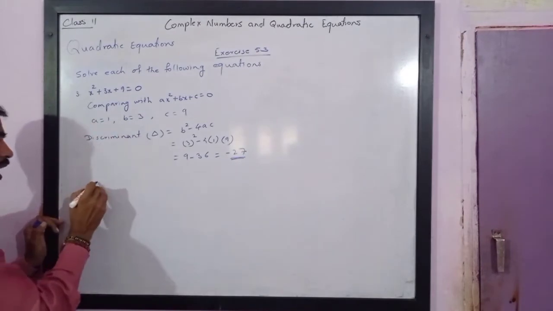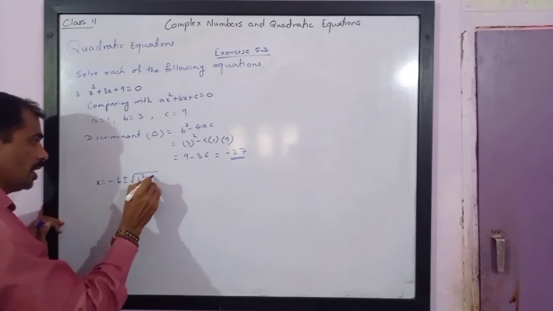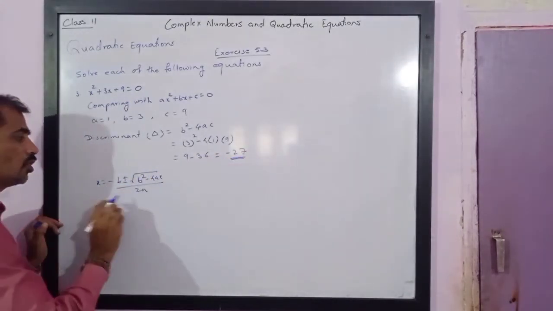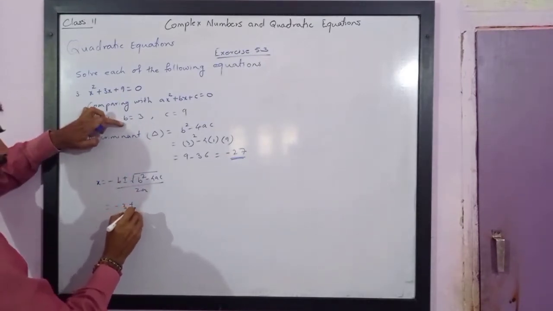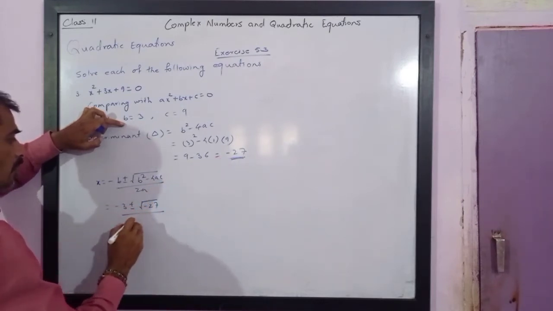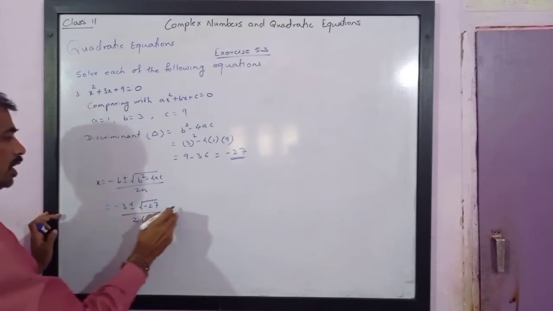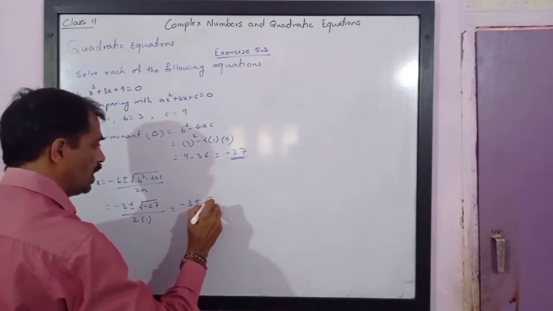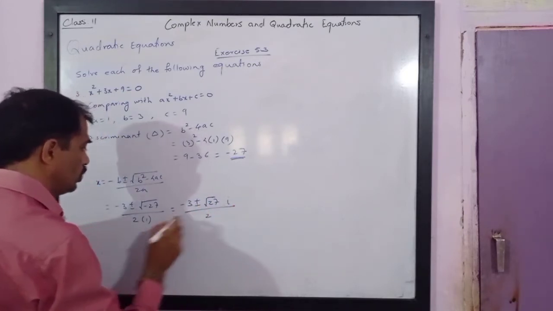Now we have the roots. X is equal to minus b plus or minus root of b square minus 4ac upon 2a. We have already found the value of this. So we will get x is equal to minus b is minus 3 plus or minus root of minus 27 upon 2 times a is 1. So you will get this is equal to minus 3 plus or minus root 27 I upon 2.